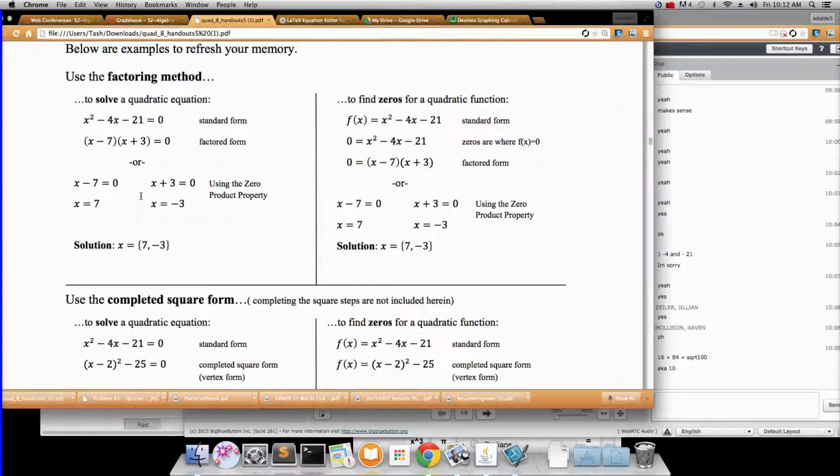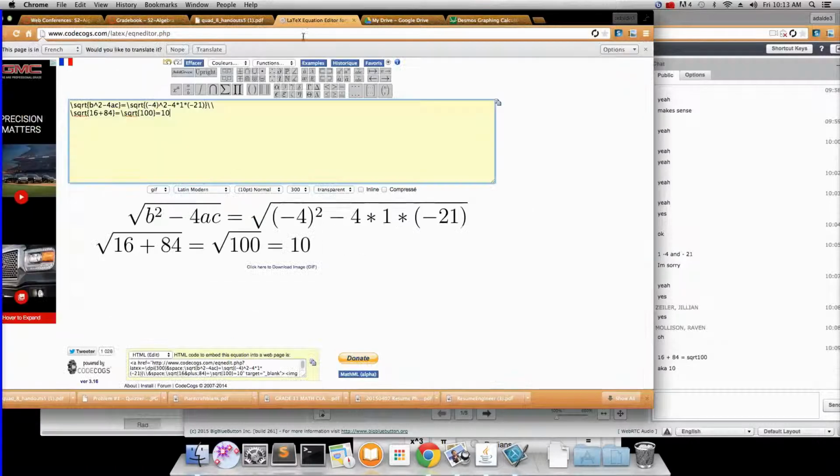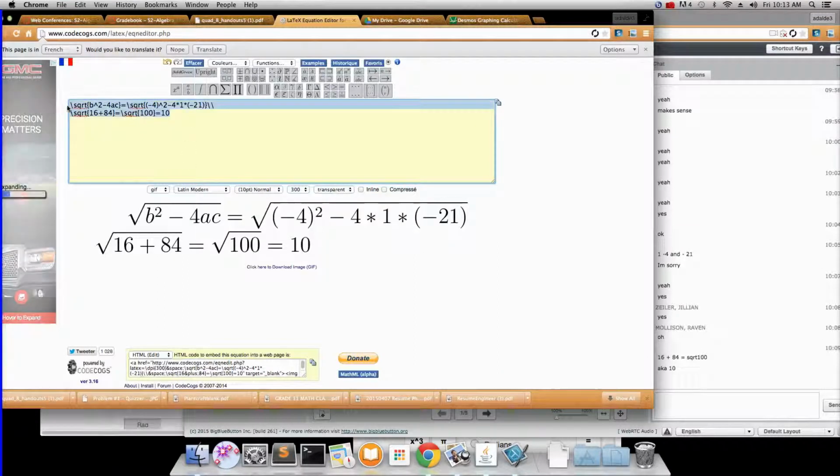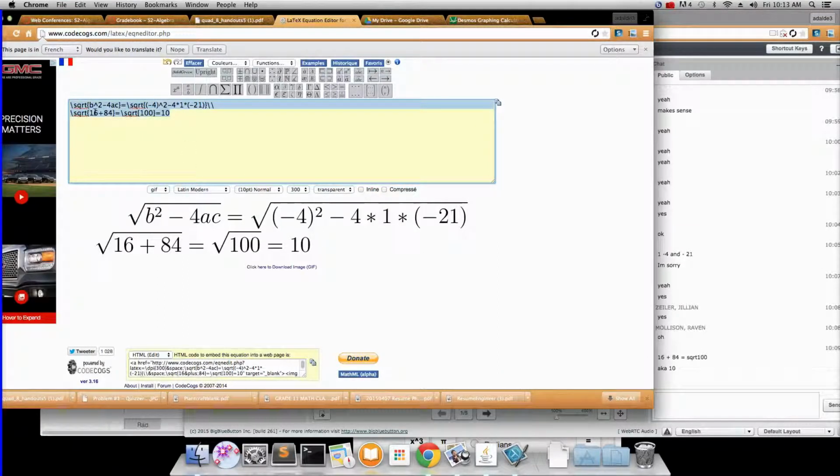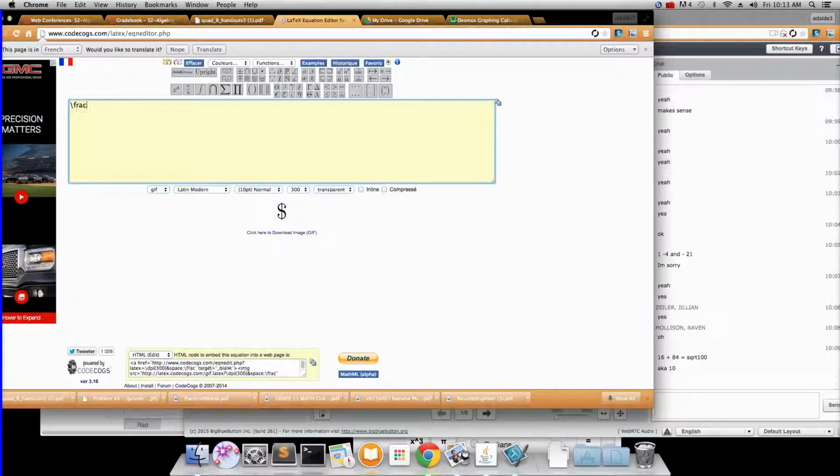In fact, I'll prove it to you. The quadratic equation is negative b, so that would be positive 4 plus or minus the square root of b squared minus 4ac, which we already figured out was 10, and then divide that by 2.